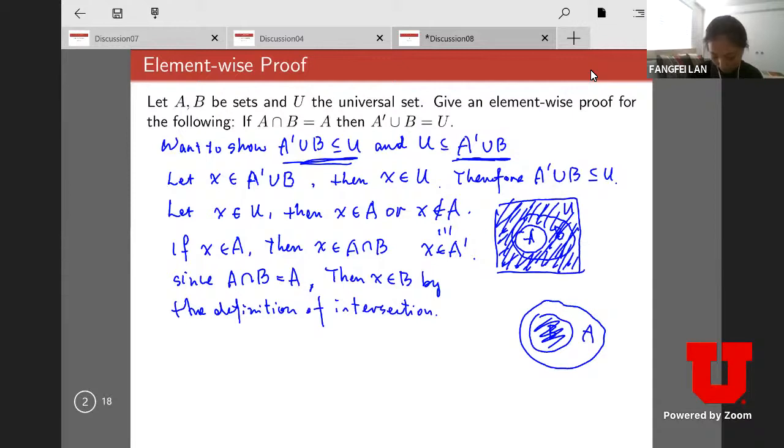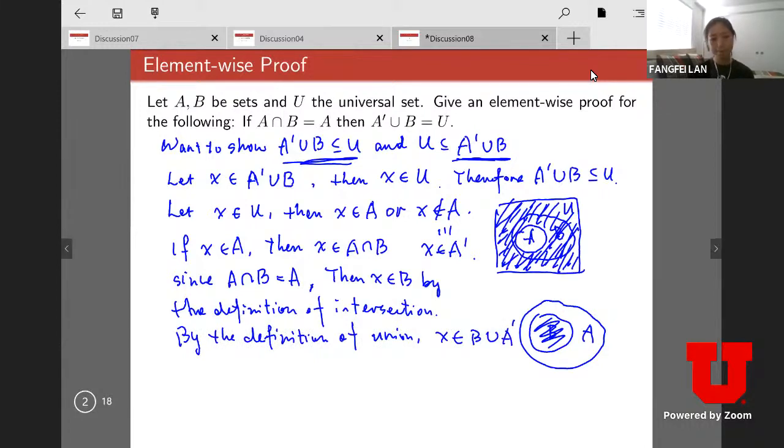Then the last part is just to say, by the definition of union, we have X is also in B union A complement. Any questions about this case? So this is case 1.